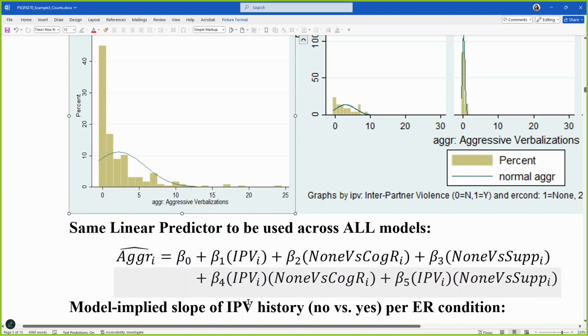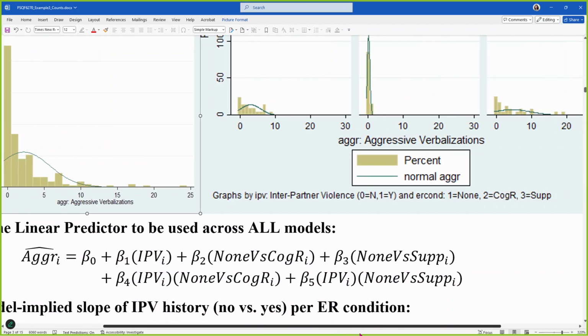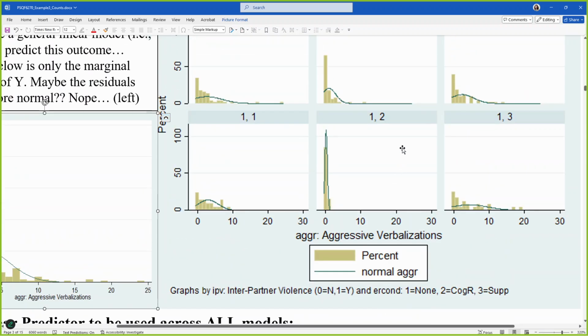However, what this plot is showing, because this is by cell, these are the residuals. This is after controlling for which condition you're in and what kind of IPV person you are. So not only are these not normal, they're very different in shape. So non-constant, not normal. If only there was a way we could solve this.